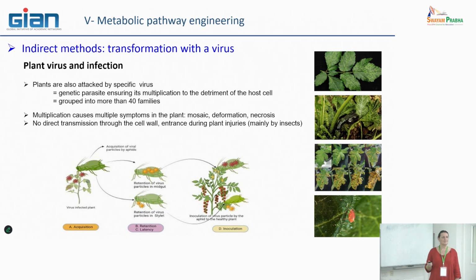What is interesting is that lots of these viruses can be adapted to the digestive system of the insect without being modified, destroyed, and so on. And they have also been adapted to the way some insects feed on a plant, in particular aphids, that are able to pick the plants.